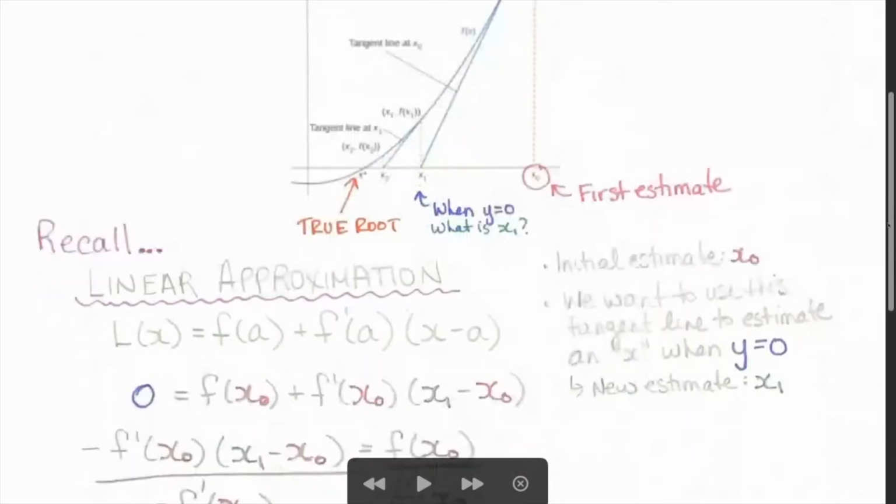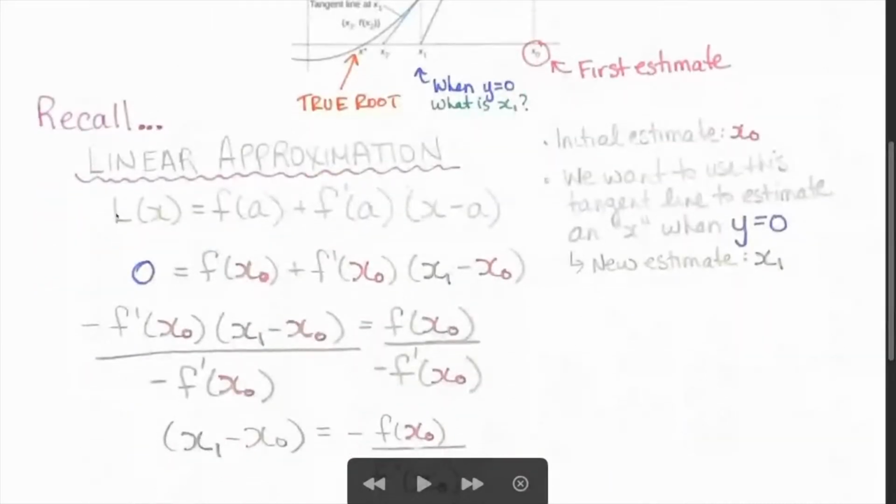So if I take my formula and I sub in my values, I get my L at x, which is my y value, so I'm going to put in 0 for that. And then I get f at x naught plus f prime at x naught times x1 minus x naught. So my x1 is my new x value that goes with y equals 0. So what I want to do is come up with a formula that will allow us to calculate the value of x1.